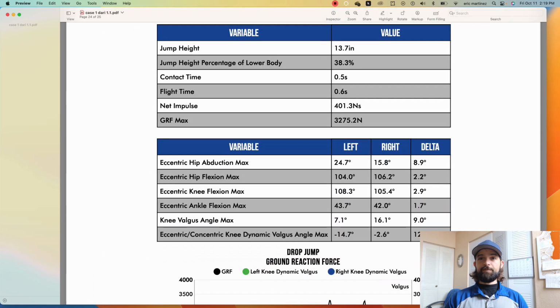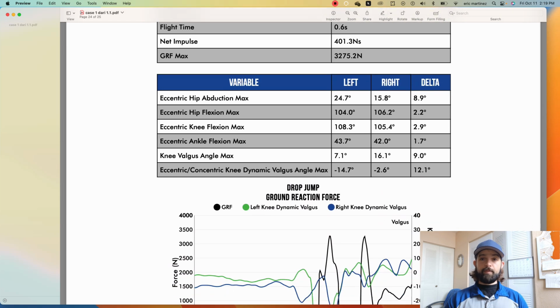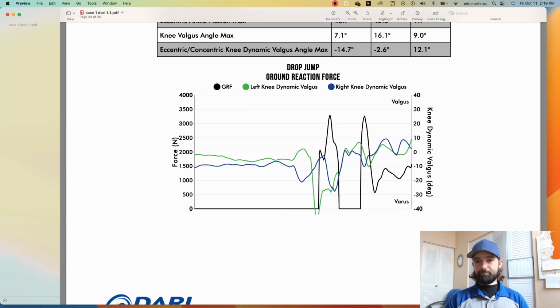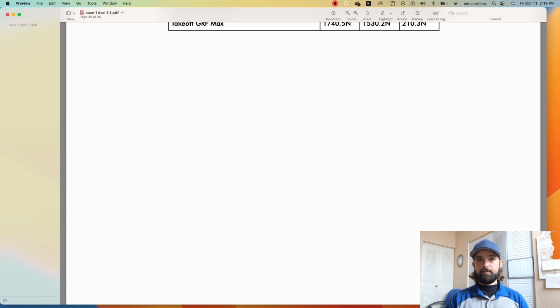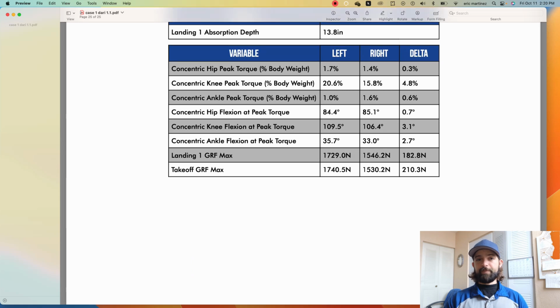And then you have the drop jump. So this is jumping off a 16-inch box and then jumping back up. Again, left side versus right. Could be because it's a longer leg. Everything else is absorptions, the concentric angles, and peak torque.